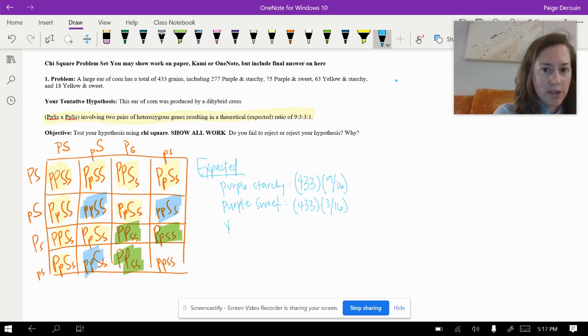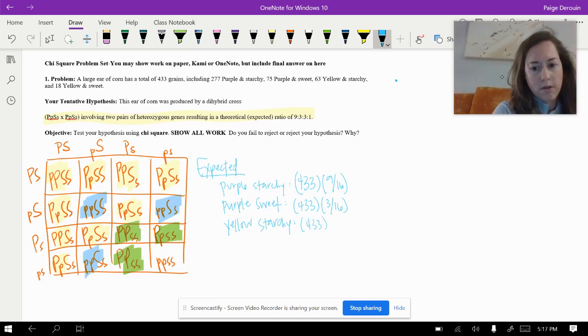Same thing for yellow starchy, 433 times 3/16. And then finally, our yellow sweet, we would expect 433 times 1/16.